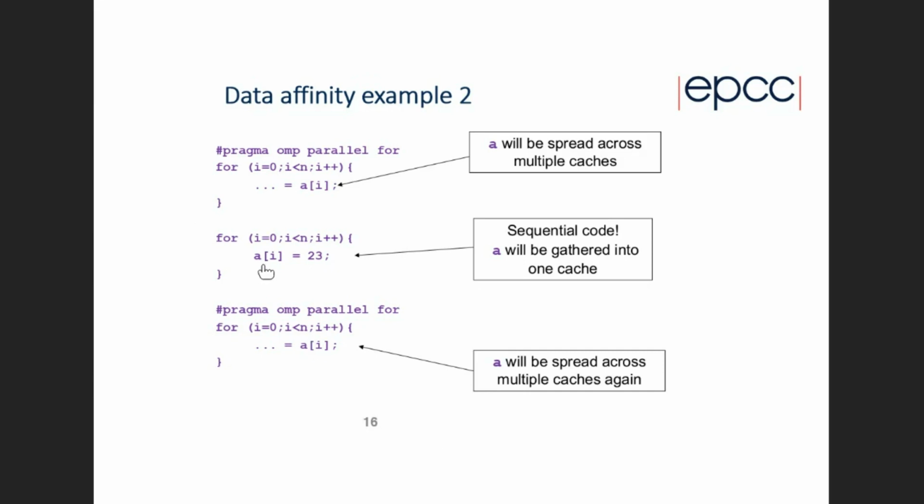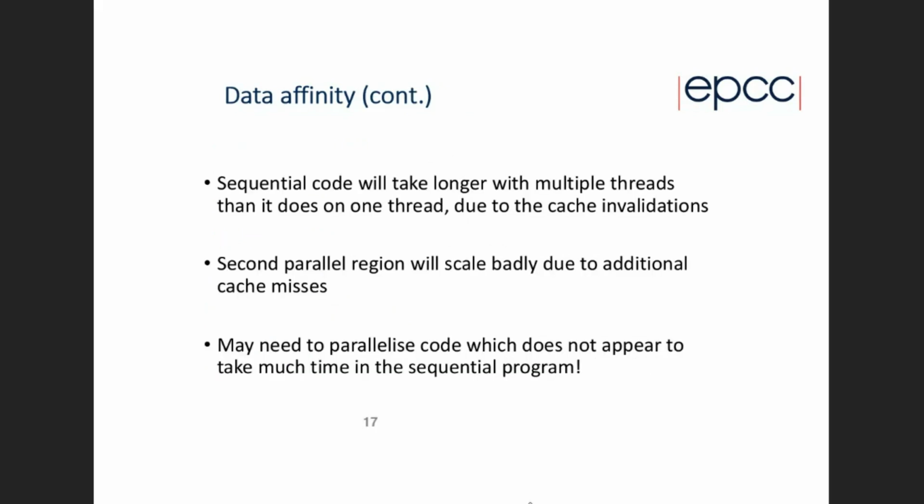The reason for that is the invalidations that have to happen. Getting the exclusive copy and invalidating other copies in other caches is not free. So you can see that effect happening sometimes.